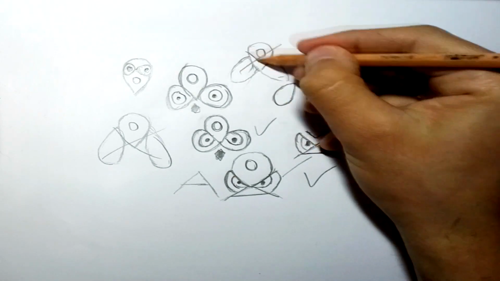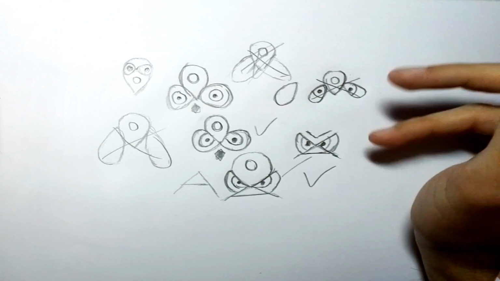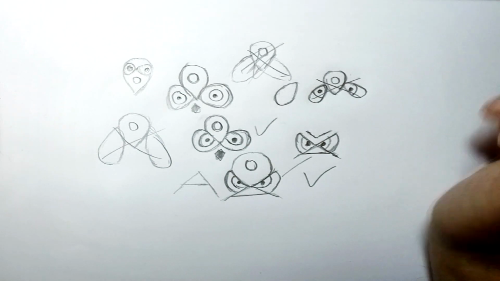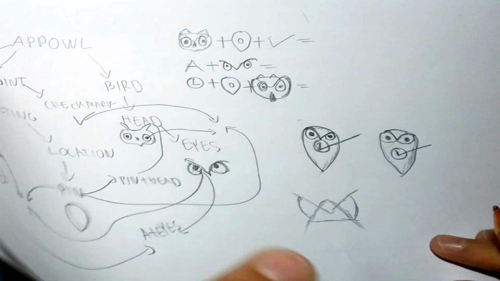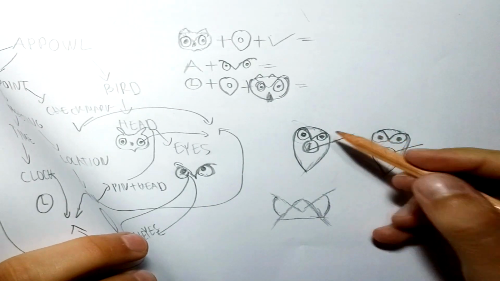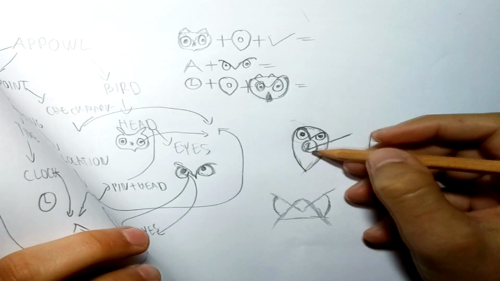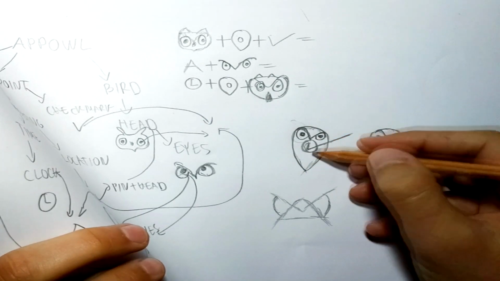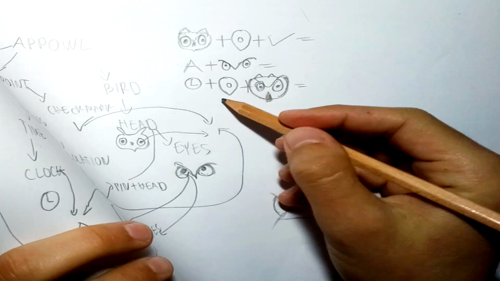No, this idea won't work. Let's not push it. Let's see what we did before. Let's try this idea, but let's simplify it. We'll use only the location pin and we'll try to incorporate the owl eyes. Yeah, let's try that.